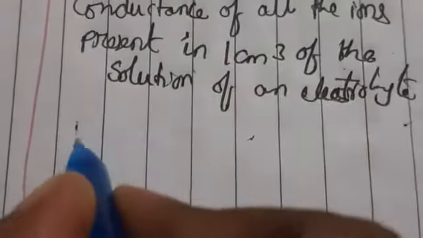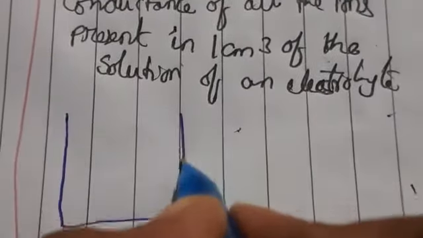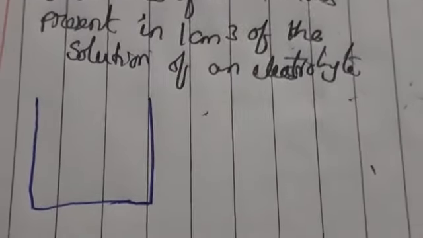So now for example, I am taking a beaker. Generally electrolytes consist of strong electrolytes and weak electrolytes.